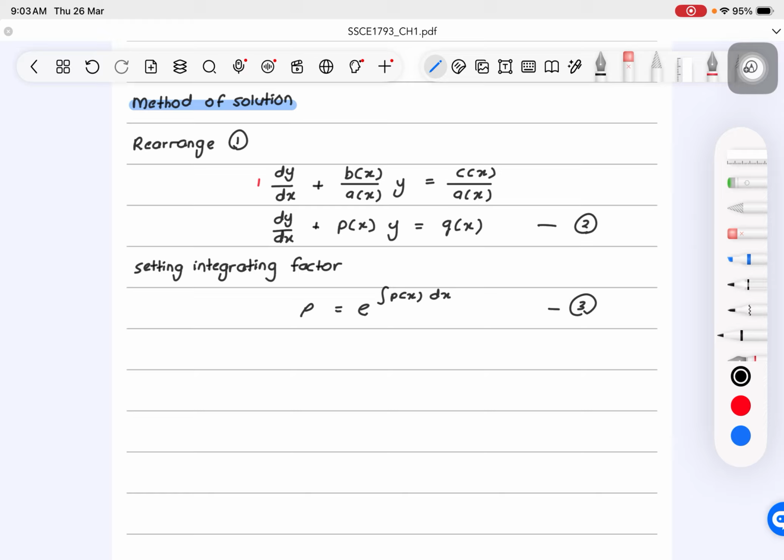Then we are going to differentiate our third equation with respect to x.